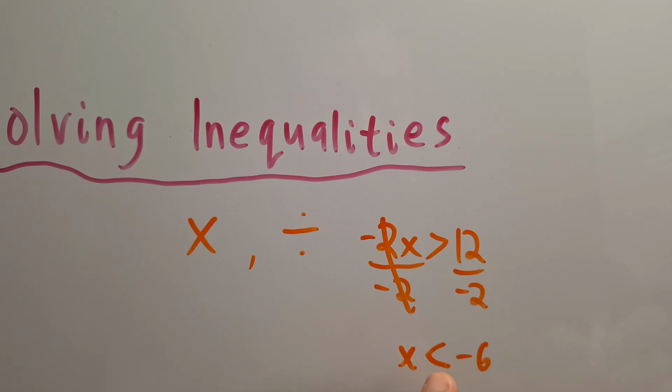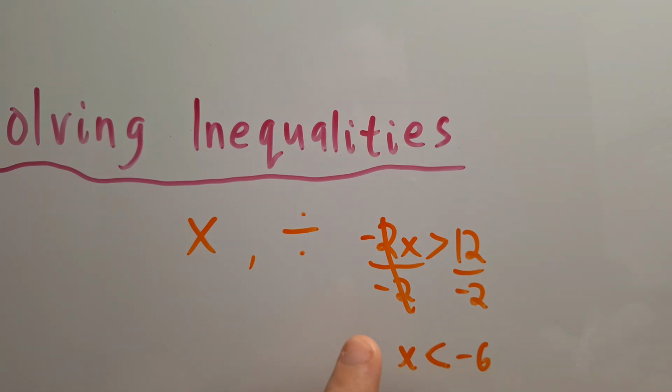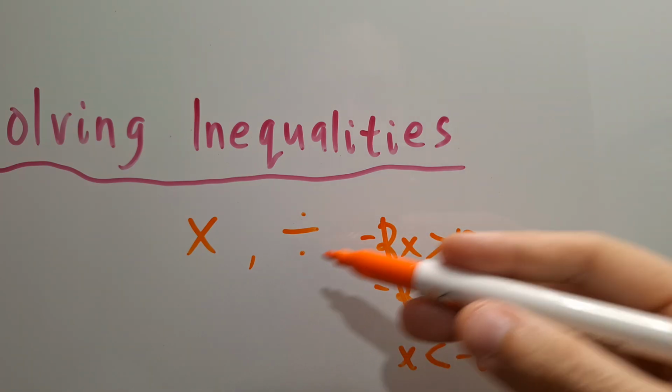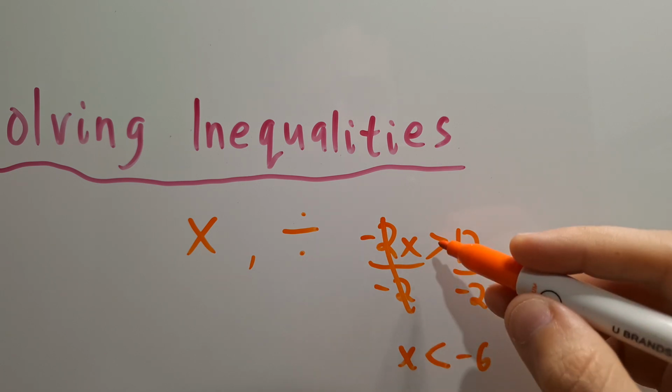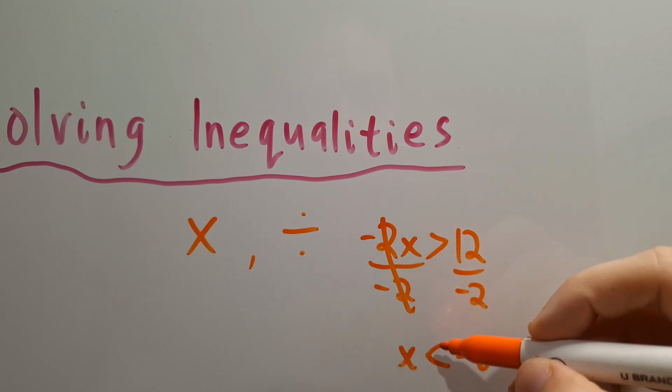Only do this, reversing the direction of that inequality symbol, when you divide or multiply by a negative coefficient, because if you don't, you're going to get the wrong answer for the inequality. So it's very important to remember that when you divide by a negative or multiply by a negative, that inequality symbol changes from greater than or less than or vice versa, depending on what you were dealing with originally.